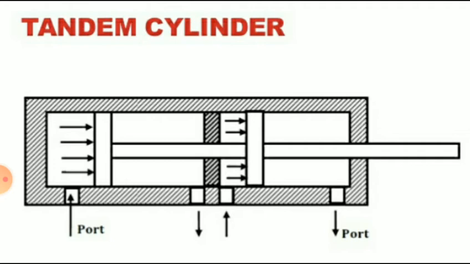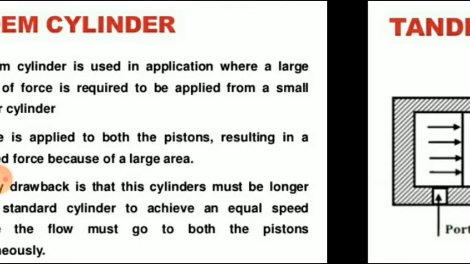Greater forces can be obtained at the same pressure without increasing the piston sizes, by coupling two or more cylinders so that the area on which the pressure acts increases. This finds application especially where a high force requirement with limited space is required.